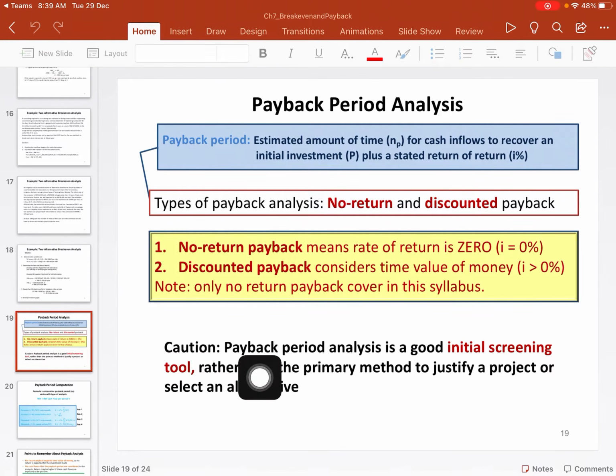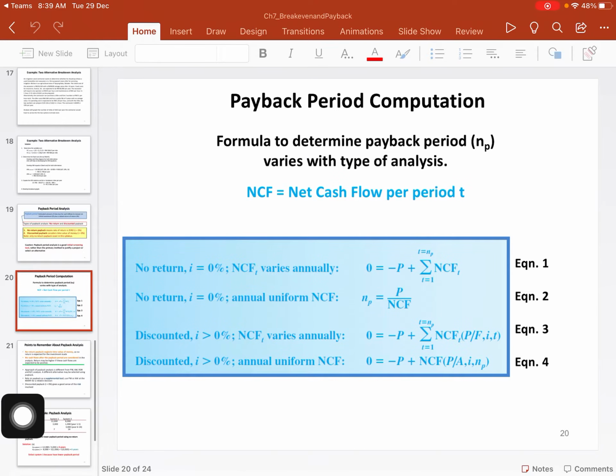As a caution, payback period analysis is a good initial screening tool rather than the primary method to justify a project or select an alternative. The formula to calculate NP is finding the net cash flow, denoted as NCF, for the period t. These are equations number 1, 2, 3, 4, based on conditions.